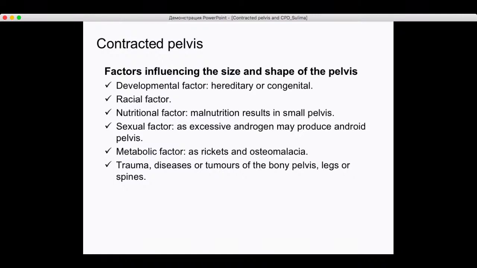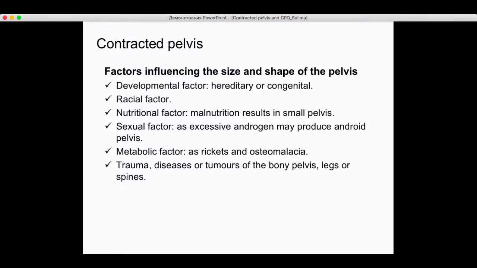Of course, the racial factor. Of course, the nutritional factor. Malnutrition results in a small pelvis. Vegans or vegetarians have more incidence of contracted pelvis than in the case of a normal kind of food.